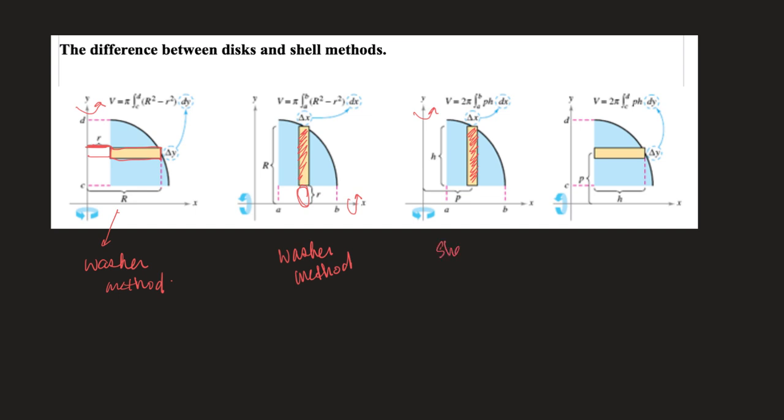That's why this is the shell method. We didn't mention this one, but same idea. This is rotating about the x-axis, and this one is parallel to the rotating axis. This is the shell method. That's why you're going to see the difference between the washer and shell methods, guys. So make sure you know how to identify this method, the shell method.